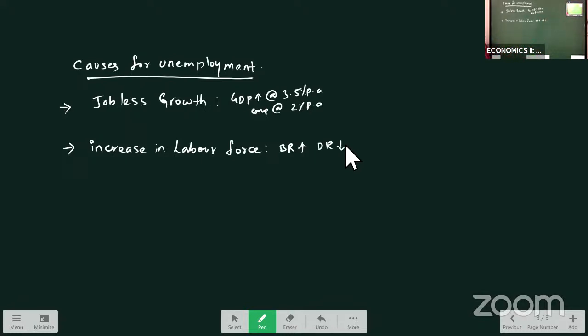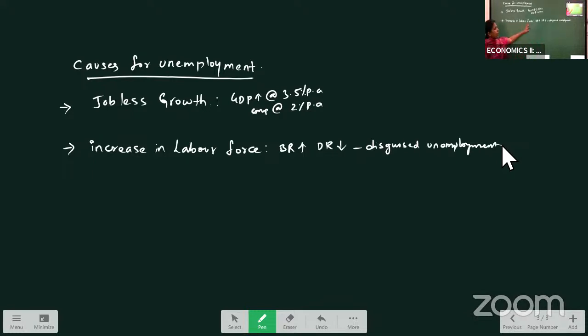So what happened during this? There is a decline in the death rate, and the economy could not give job opportunities to all the increasing birth rate, and this created disguised unemployment in the country.